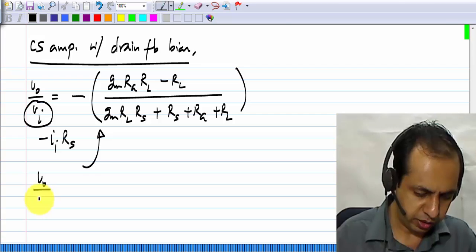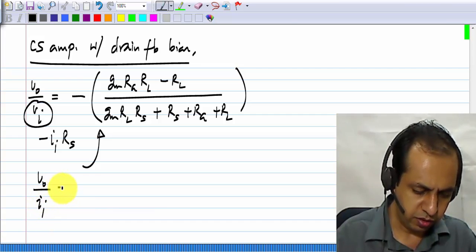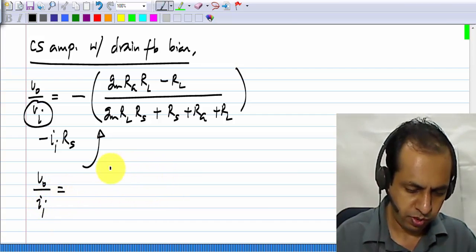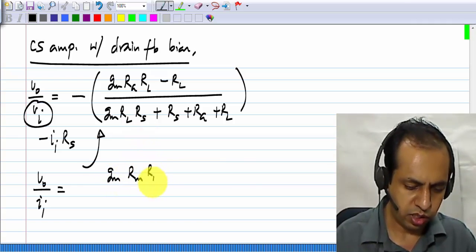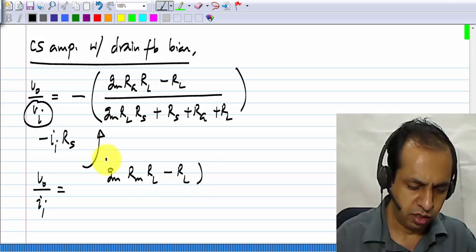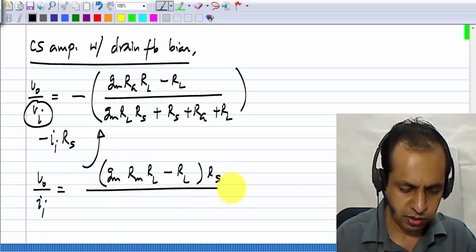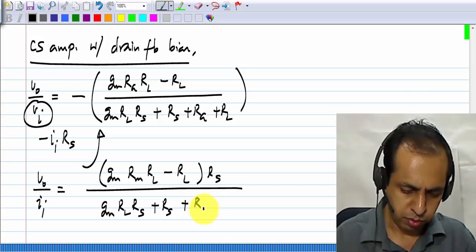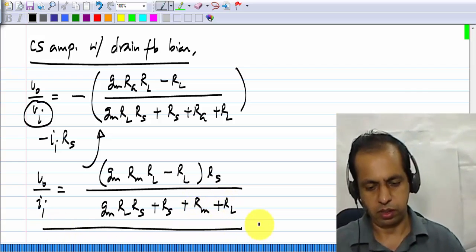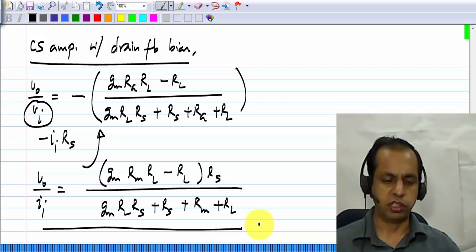So V naught by II will be equal to (gm Rm RL minus RL) times Rs, divided by (gm RL Rs plus Rs plus Rm plus RL).